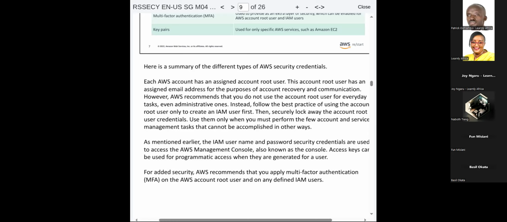For example, if it's Upwork, you just need your email. Say you want to sign up for Medium.